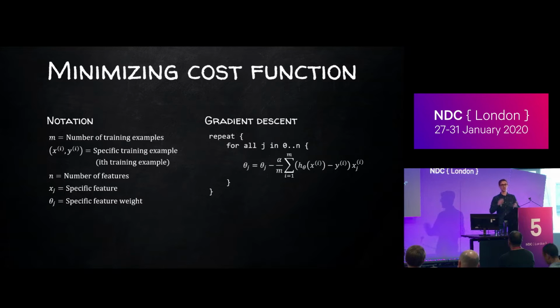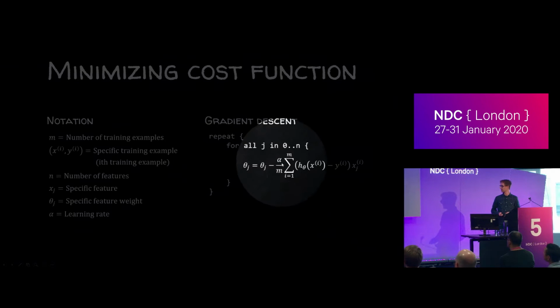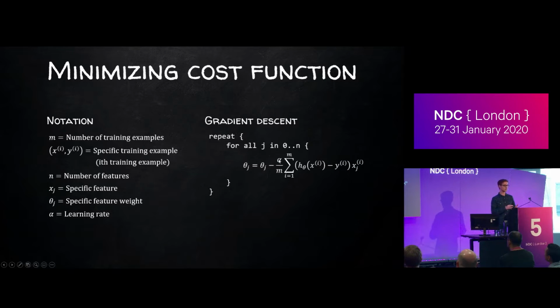It's different from problem to problem, so we do not know that. Also, we have this learning rate alpha. We have that here. We do not know the value of this beforehand, and the number of repetitions depends on which value we give to alpha, the learning rate. We're getting back to this in a couple of minutes and see how it actually works.